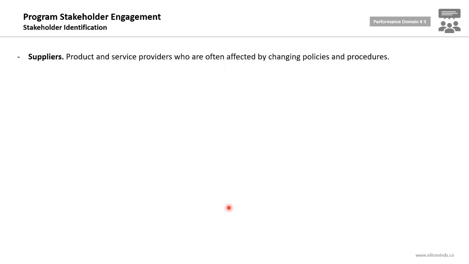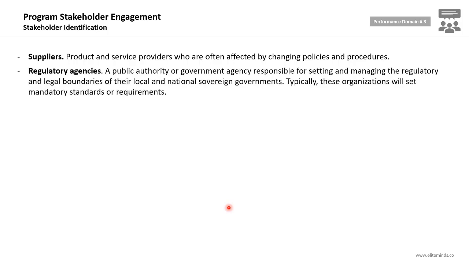Suppliers of your program, product and service providers who are often affected by changing policies and procedures within the program. If there are any regulatory agencies, a regulatory agency is a public authority or governmental agency responsible for setting and managing the regulatory and legal boundaries of their local and national governments.